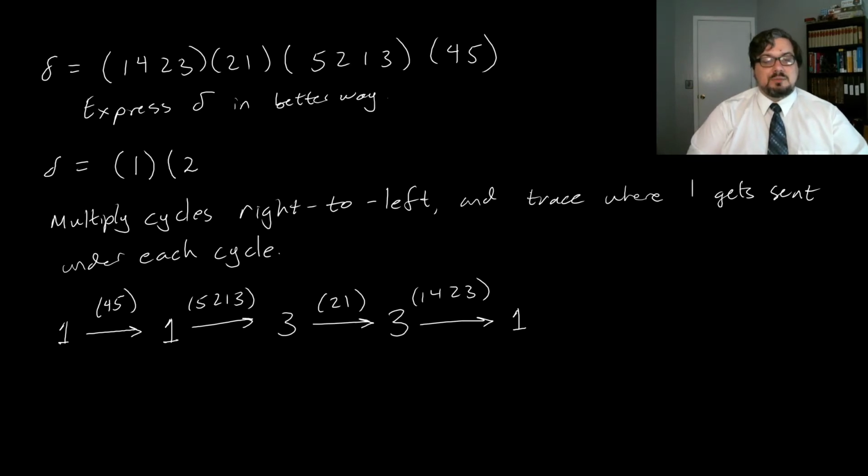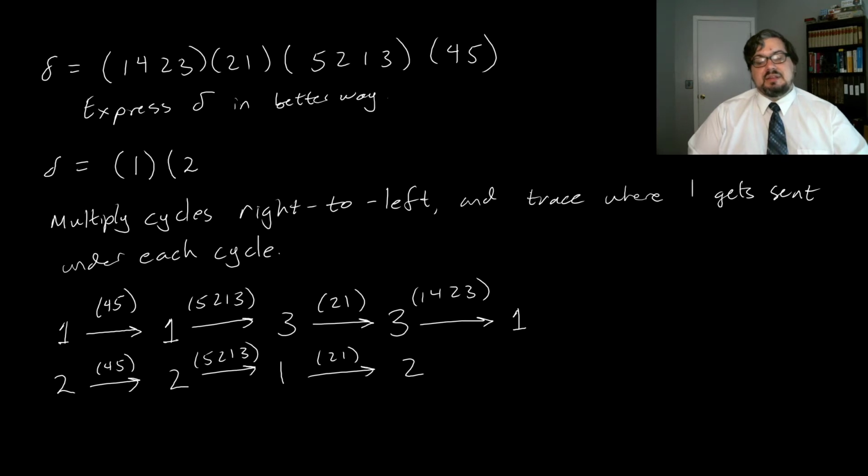All right, so that gives us our first cycle. Now let's look at what happens to 2. So 2 maps to 2 under (4 5). It maps to 1 under (5 2 1 3), which maps back to 2 under the cycle (2 1), which maps to 3 under the cycle (1 4 2 3).